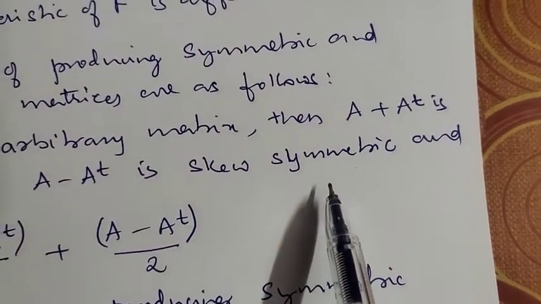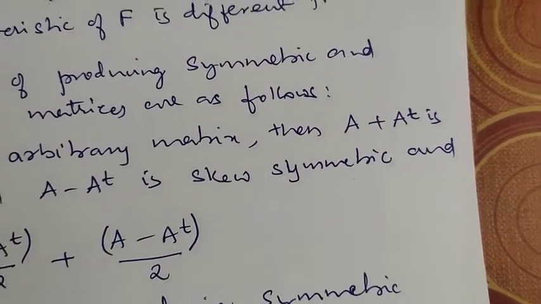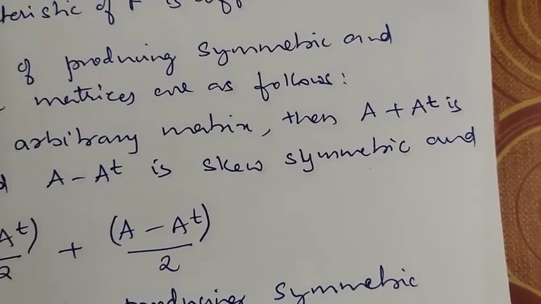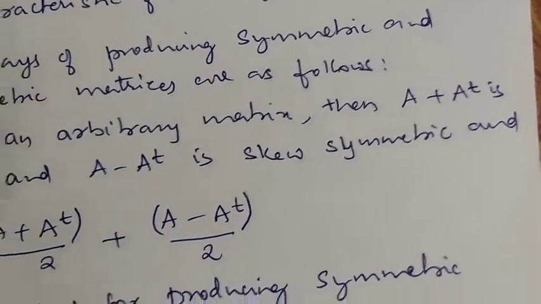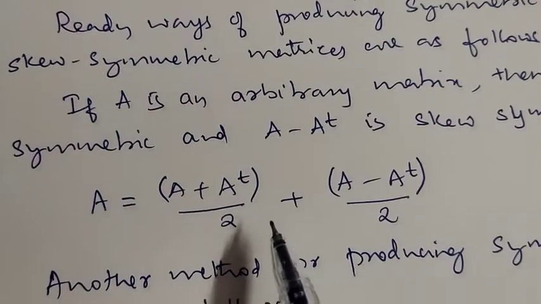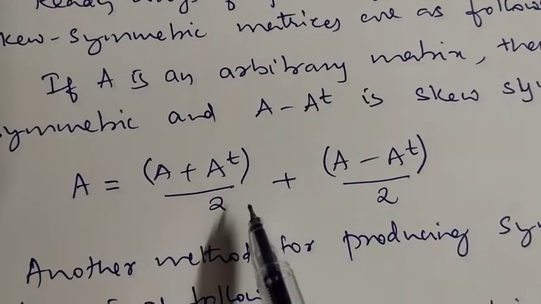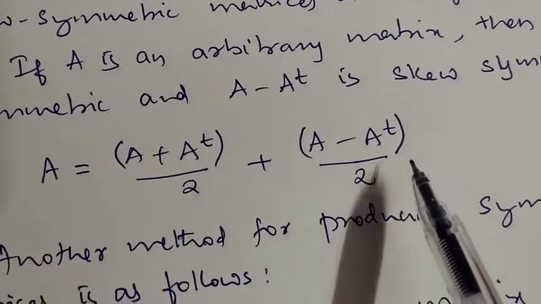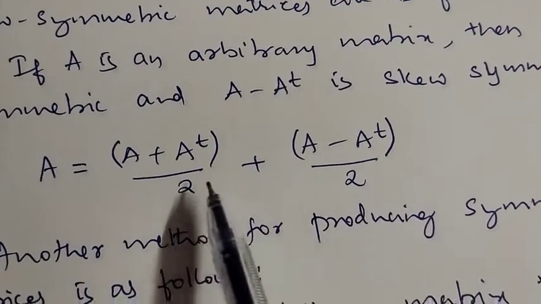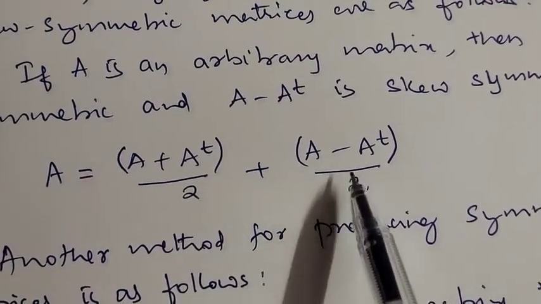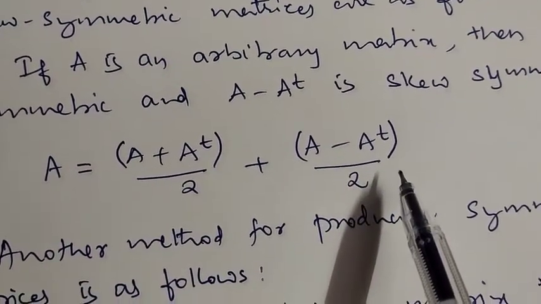The matrix A is always the sum of (A plus A transpose) by 2 plus (A minus A transpose) by 2, which means it can be written as the sum of a symmetric and a skew symmetric matrix.